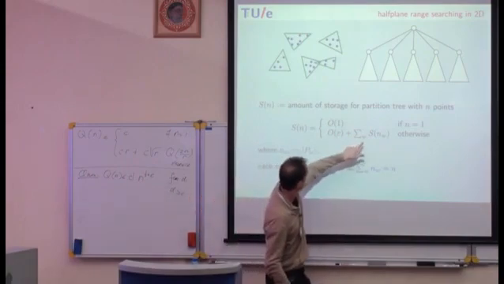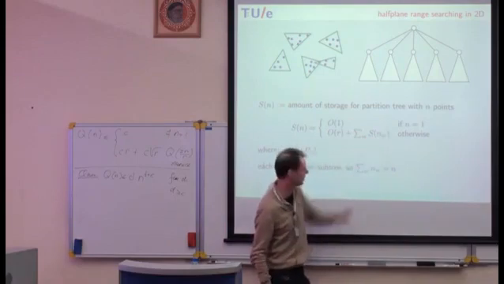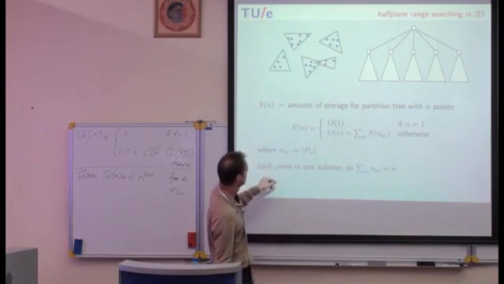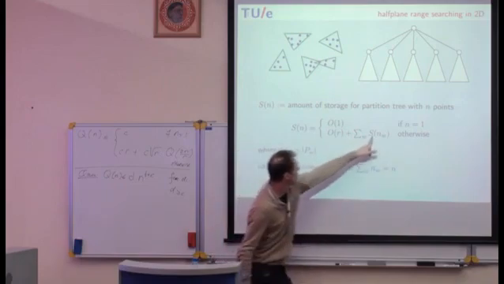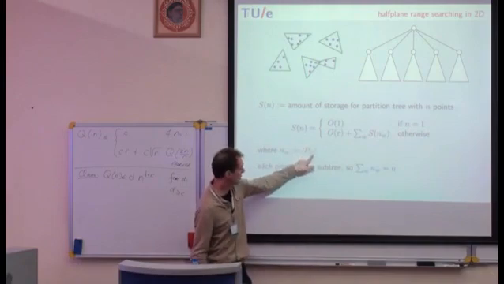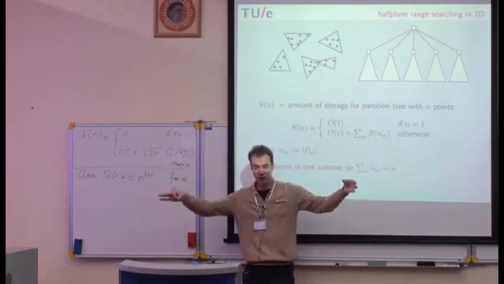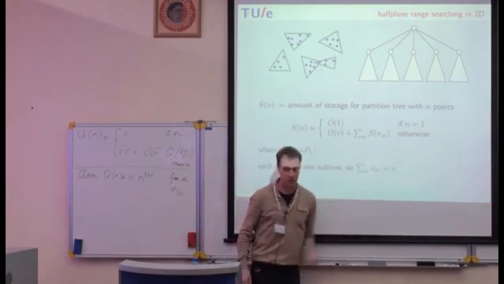And then I have the sum over all the children of the storage needed for that subtree, where this is the number of points in this subset for the child W, and I know that every point goes exactly to one of my subsets, so the sum of these things is n.